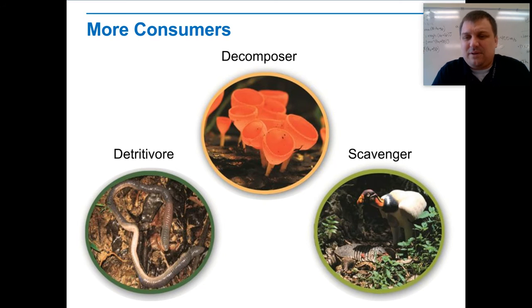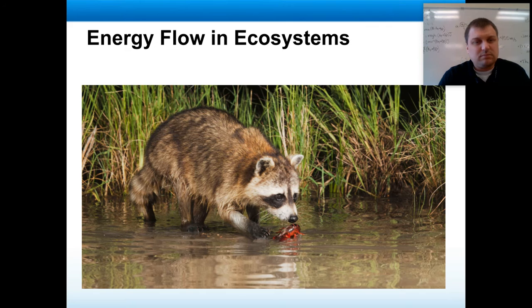Think about what would happen if you didn't have these three types: scavengers, decomposers, and detritivores. If we didn't have these three things, nutrients would not be recycled as quickly as they are. Because of these three things, energy is recycled and able to be used over and over again in that environment. So these are very valuable consumers right here.